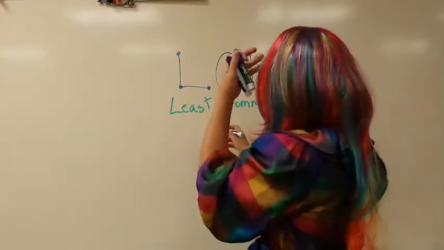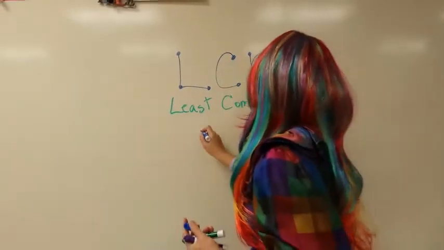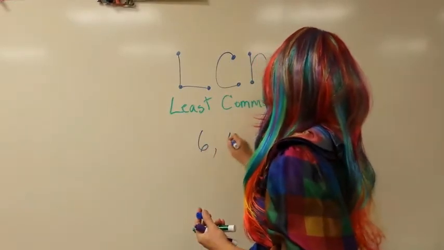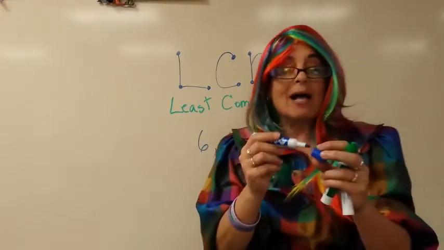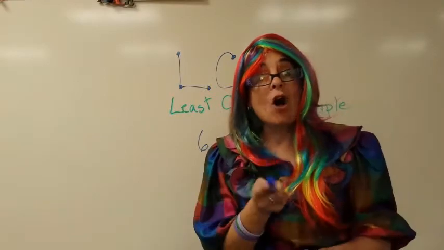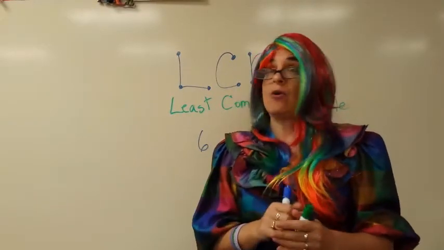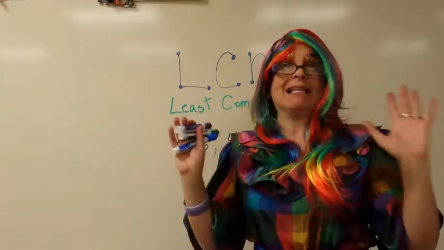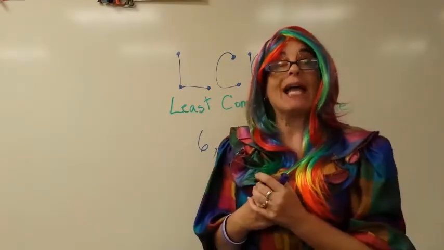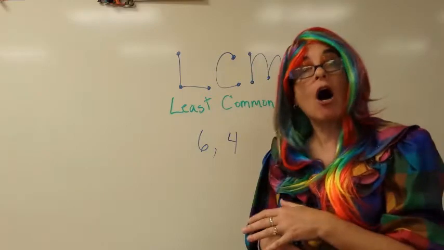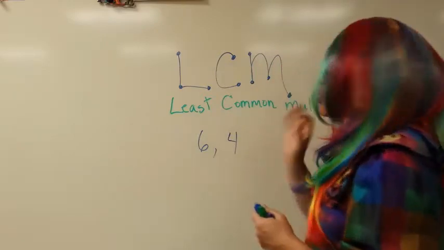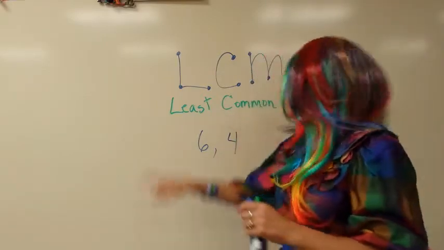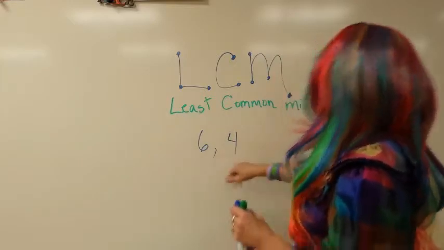For example, the least common multiple between 6 and 4. If you've watched your greatest common factor video, it's going to be very similar to the ladder. So this should be easy peasy. What is the least common multiple, the smallest multiple between 6 and 4?